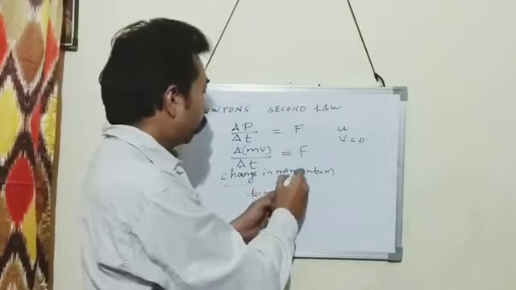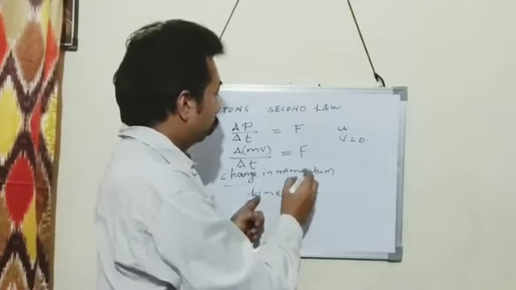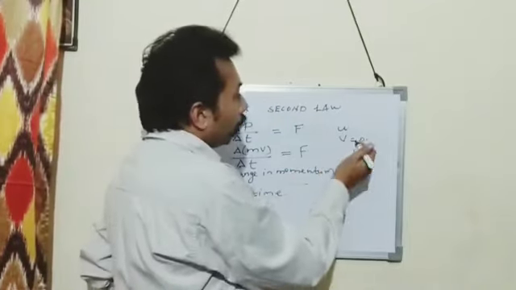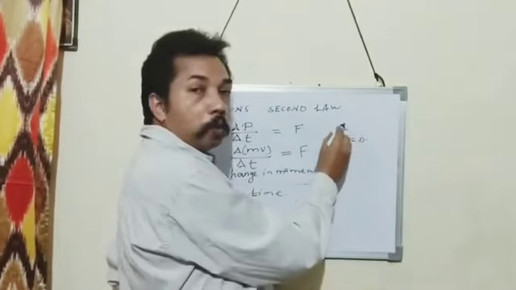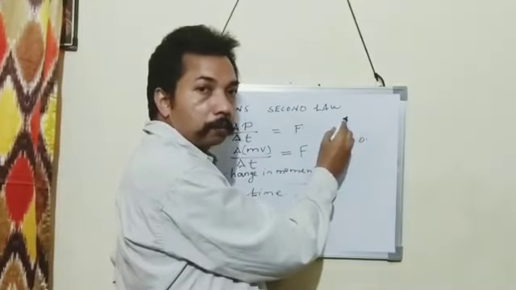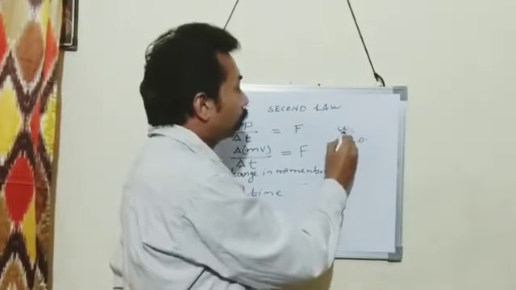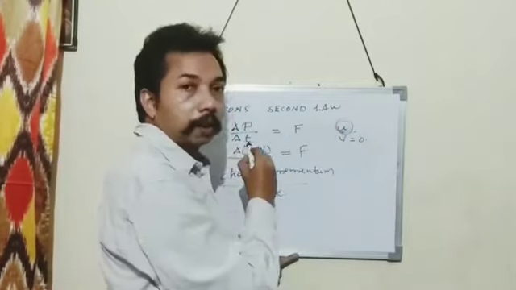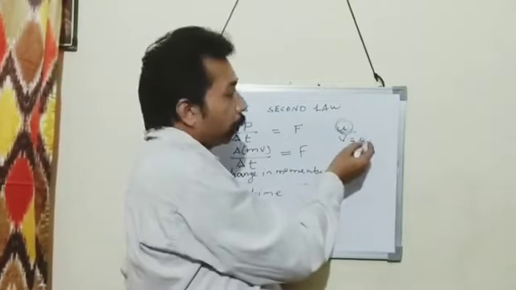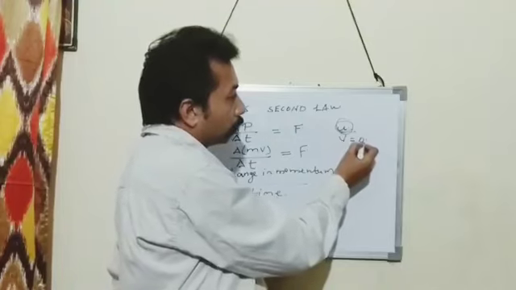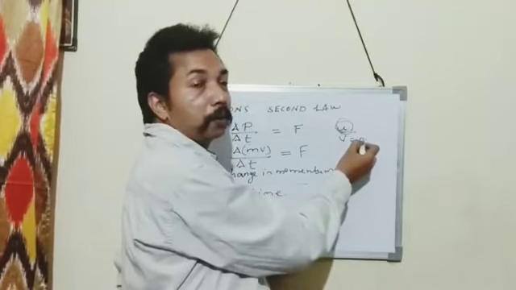So the ball is coming with a certain velocity, then it comes to the state of rest. Final velocity is 0.